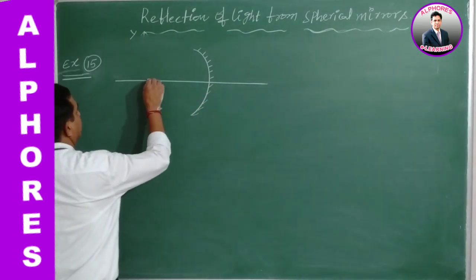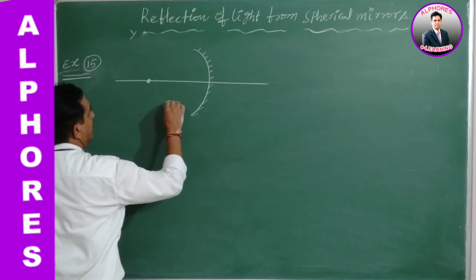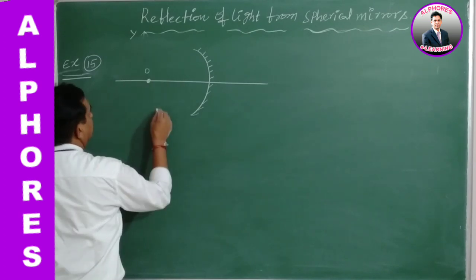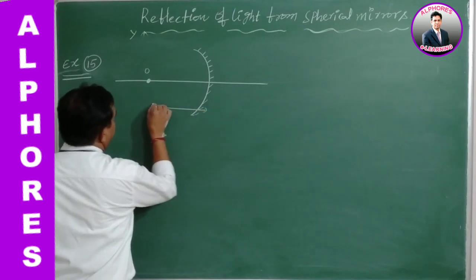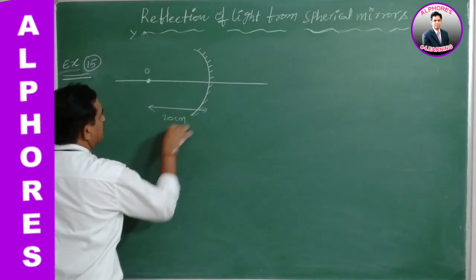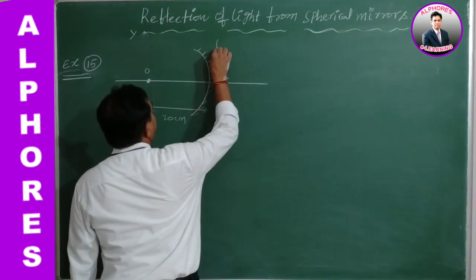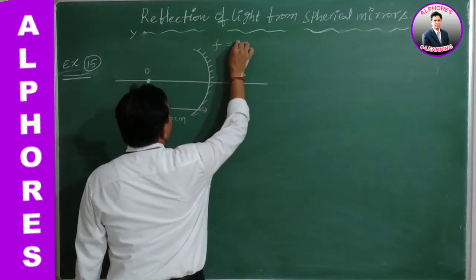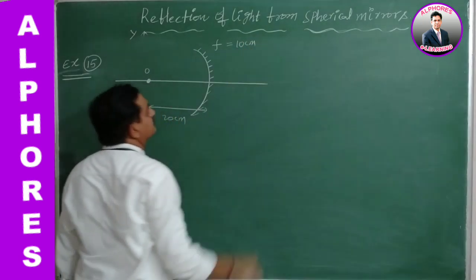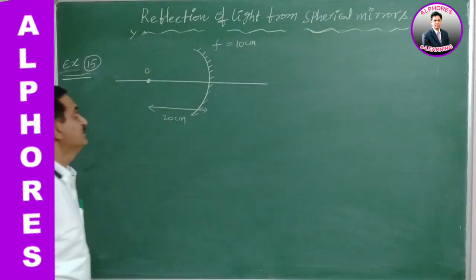An object is kept along its principal axis at a distance of 20 centimeters, and the focal length of the mirror is 10 centimeters.